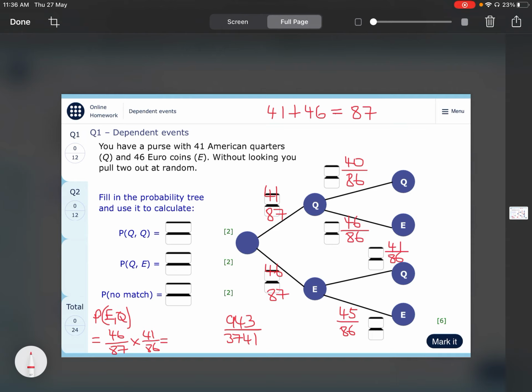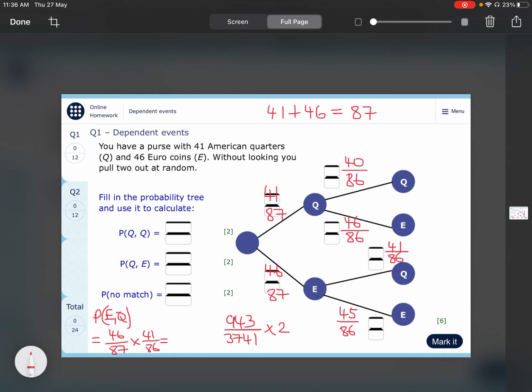So you might have spotted that just because the numerators are switching, it's like doing 2 times 4 and 4 times 2. So in math, instead of doing it the long way, which I just showed you, you can just times this by 2.